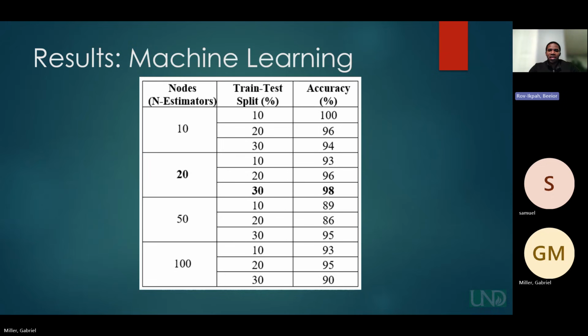So that was our best optimal value. You can see with 50 nodes and 100 nodes, we have different accuracies. So this table helps us to see how our model is performing. And with that, I'll hand it back over to Gabe.